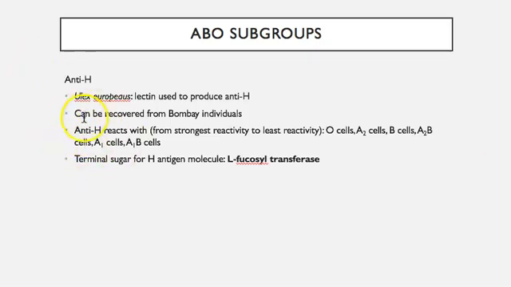So anti-H reagent will react, from strongest reactivity to least reactivity, strongest with O cells, because remember, those folks have the greatest number of H antigens present on their red cells, since those H antigens have not been converted to A or B. So anti-H reagent will react most strongly with O cells, then with A2, B, A2B, A1, and then A1B.